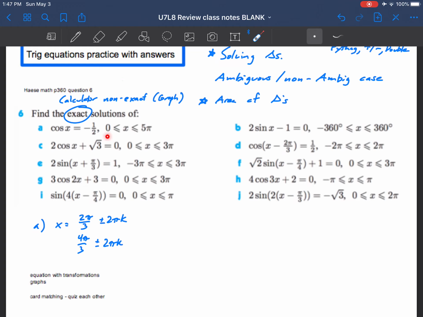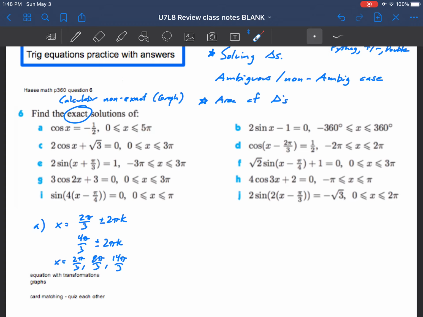We want solutions just between 0 and 5 pi. So let's write that here. We've got x equals 2 pi over 3. If I add 2 pi to that, that is, I believe, 8 pi over 3. You guys know how my arithmetic is. If I add 2 pi to that again, that is 14 pi over 3. And if I add 2 pi again, I'm outside this upper range.